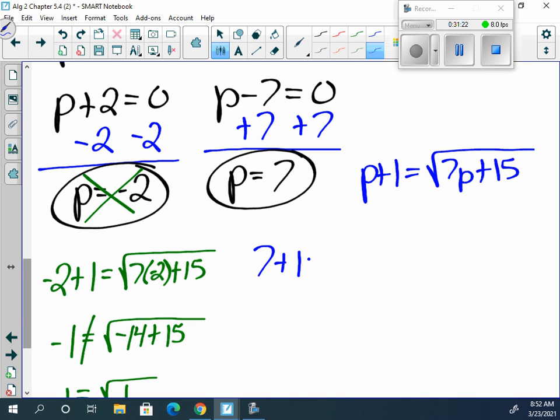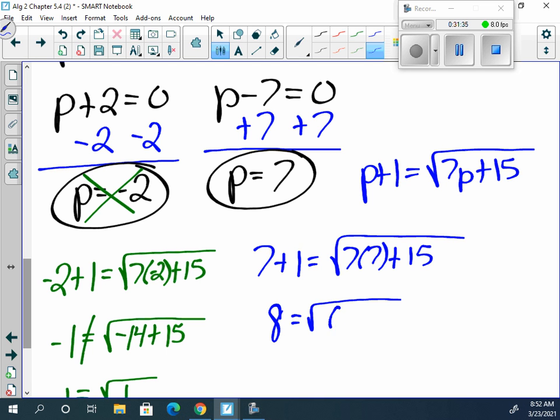Seven plus 1 is equal to the square root of 7 times 7 plus 15. Well, 7 plus 1 is 8. Well, 7 times 7 is 49. 49 plus 15 is 64.